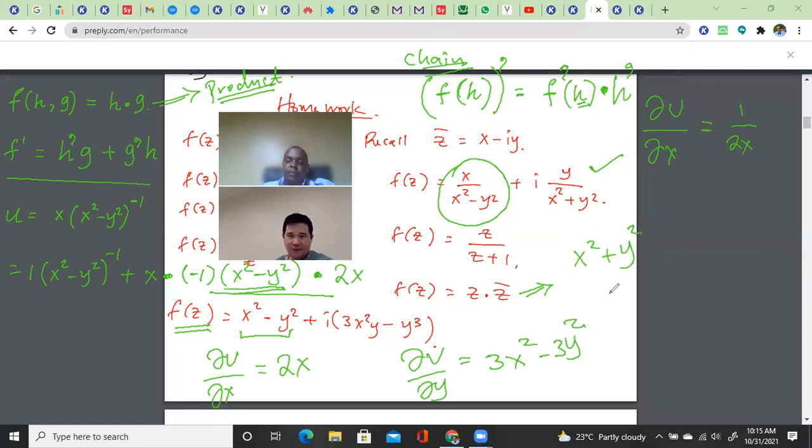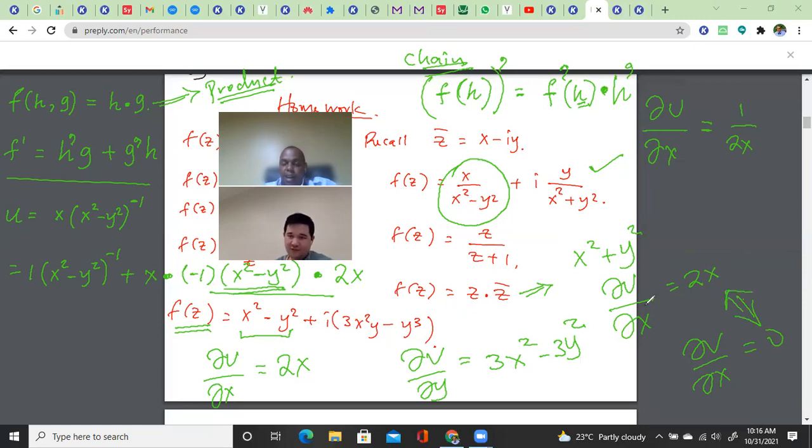And there is no solution, or it's not analytic. So du/dx is 2x, right? And then dv/dx is 0. du/dy is 2y. They are not the same.